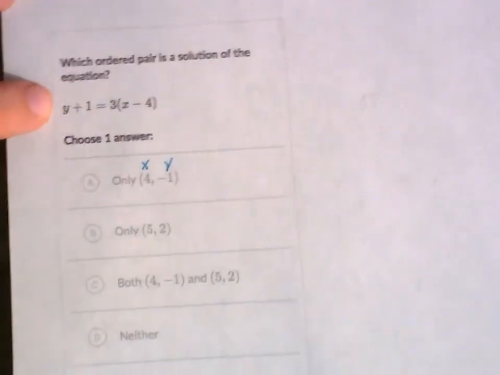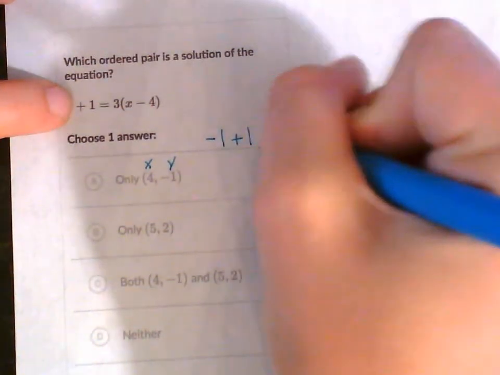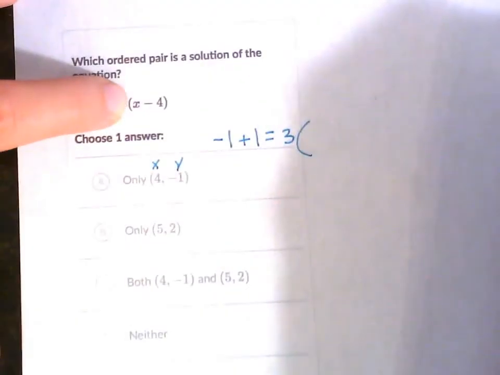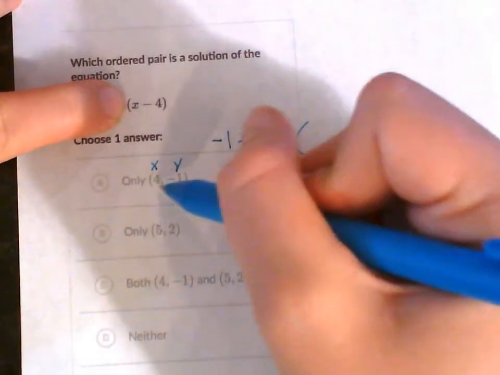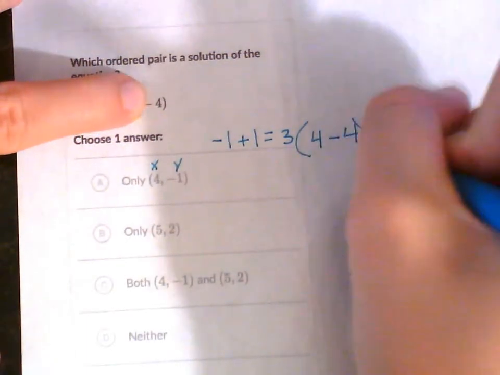So y plus 1. Y, so -1 plus 1 equals 3, parentheses, x, well our x is 4, minus 4.